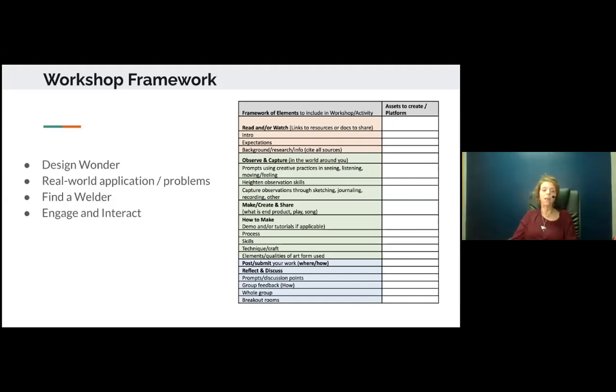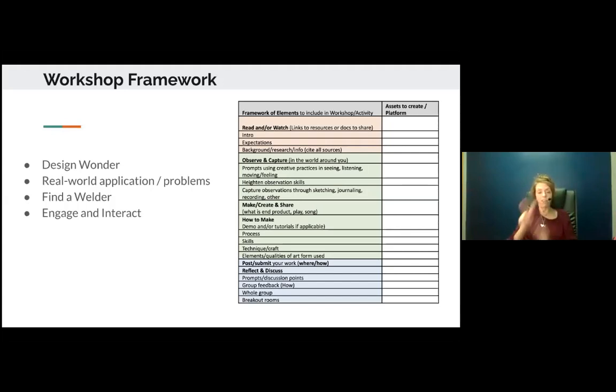the other piece then is that second column: what are you going to create, and what is that platform? So where does that show up? For our intro, we're going to have them watch Sir Ken Robinson's Creativity in Education, the RSA whiteboard video.